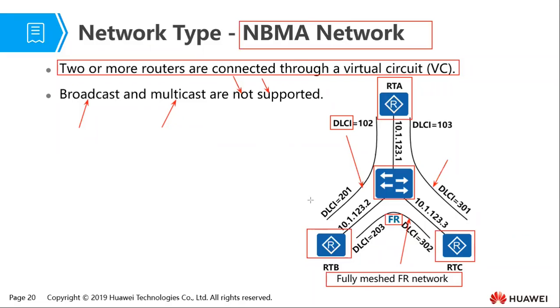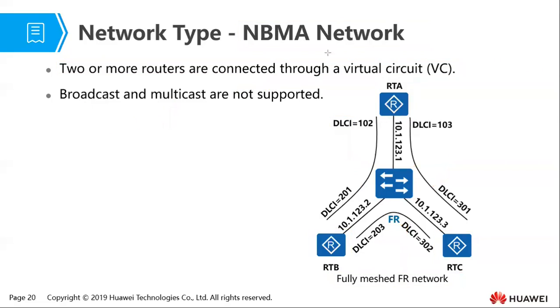So how are OSPF neighbor relationships formed if multicast packets cannot be shared? Anyone can give it a try? In NBMA networks, how do they establish neighbor relationships? Anyone?